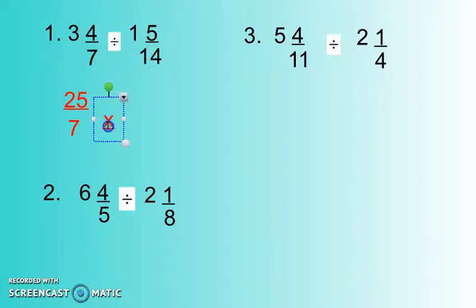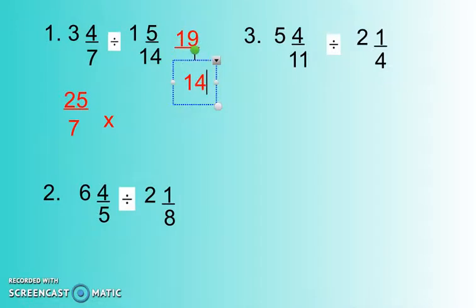times. And we need to change this also to a fraction, correct? So 1 times 14 is 14, plus 5 is 19. 19 over 14.